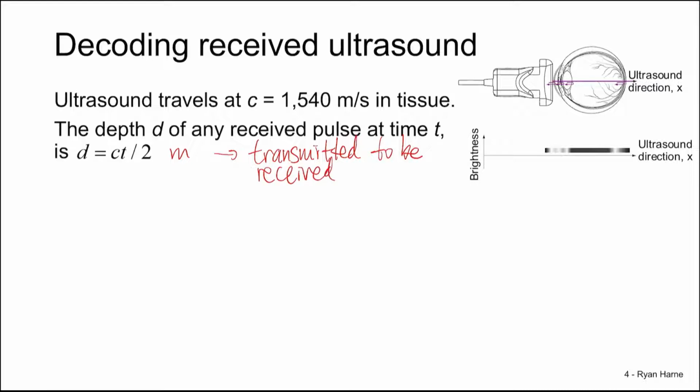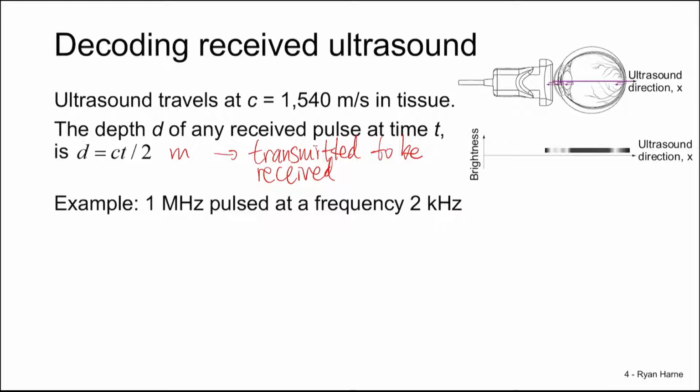Let's take an example where we have a 1 megahertz signal that's pulsed at 2 kilohertz. So the pulse duration tau is equal to 1 divided by 2 kilohertz, which is equal to 500 microseconds. So every 500 microseconds, we send a 1 megahertz pulse.